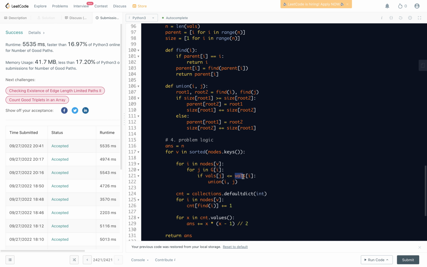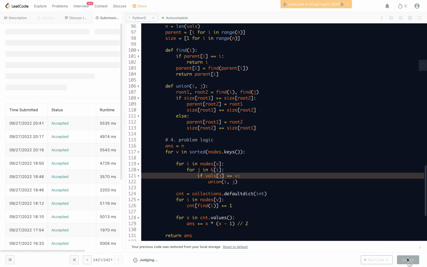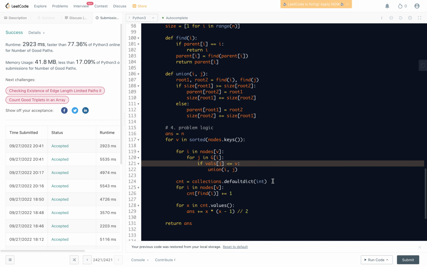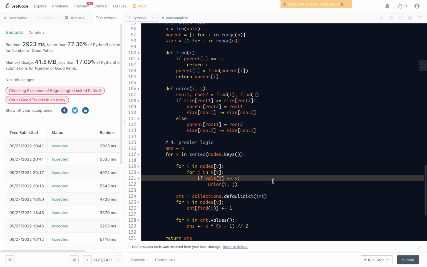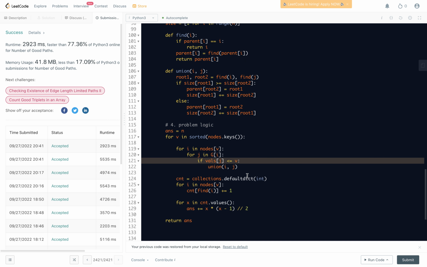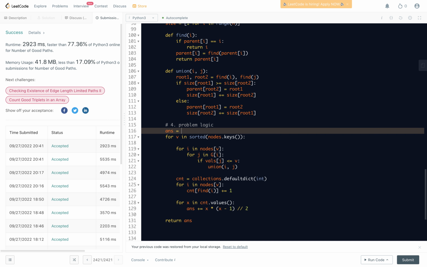For example, here also notice that the value is i. Because i is in nodes v, this is always v. So we can actually replace this by v and then do the check again. Yeah, it's still okay. And this is one thing we want to emphasize.